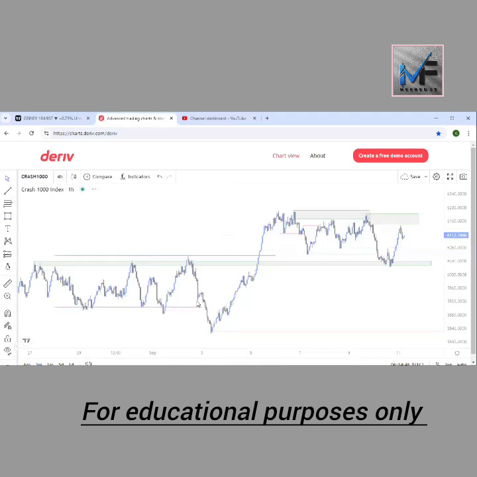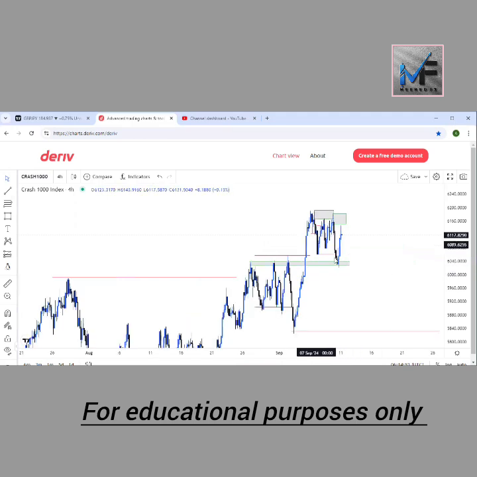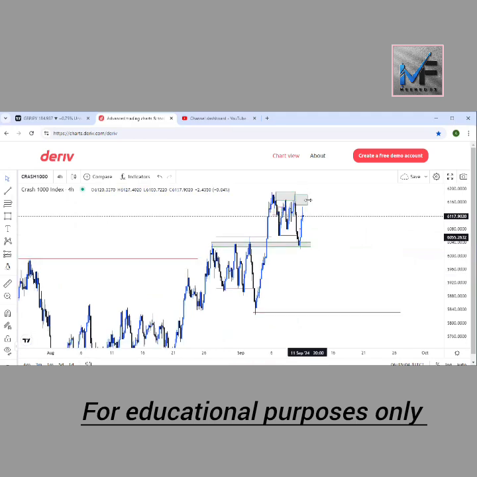So let me just show you. This was a support on H4, and price has already given us an M30 break of structure, change of character to the upside. So there's a tendency that price can go clear all this place and then go down. So that's why majorly I'm not going to sell.